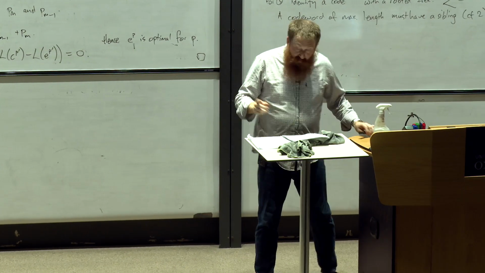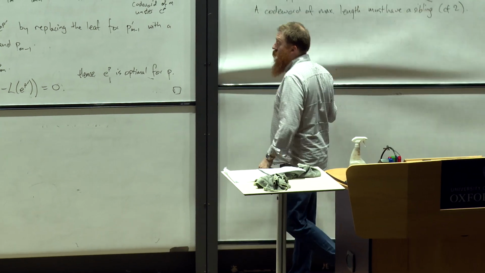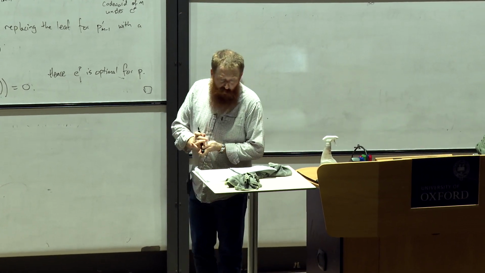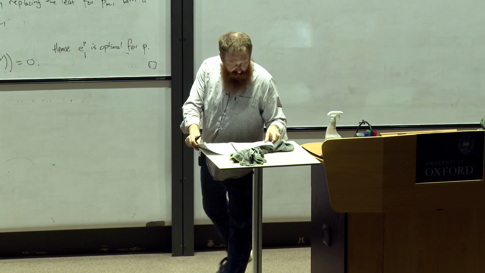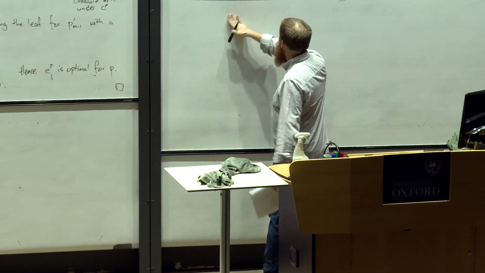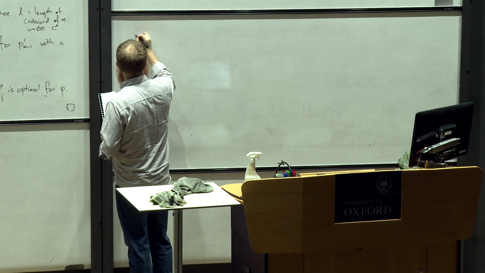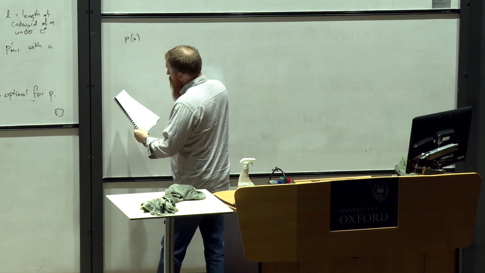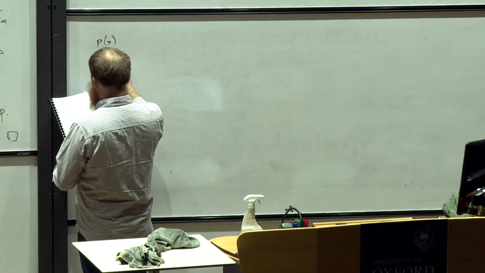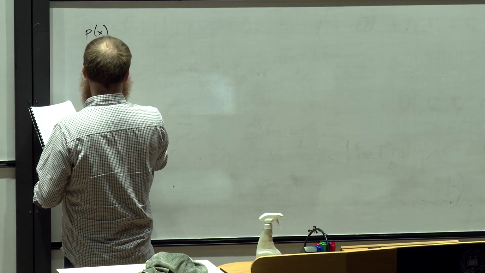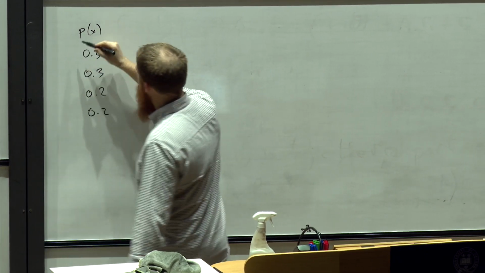Okay, now, not all optimal codes are Huffman. So a simple example of a code that is optimal but is not Huffman. Let's take P, probability of X. We'll do a simple example: 0.3, 0.3, 0.2, 0.2.